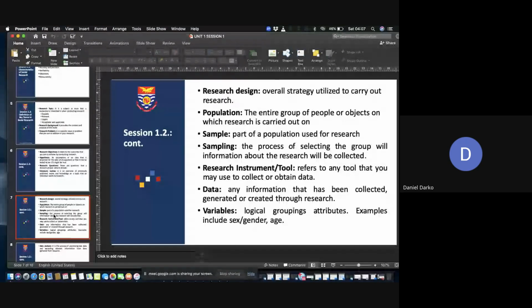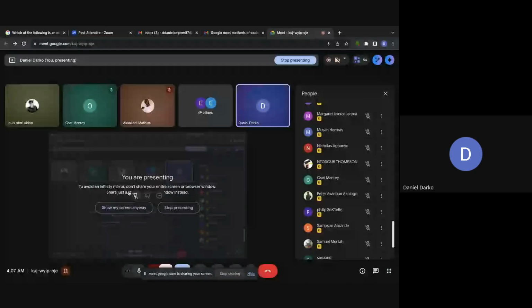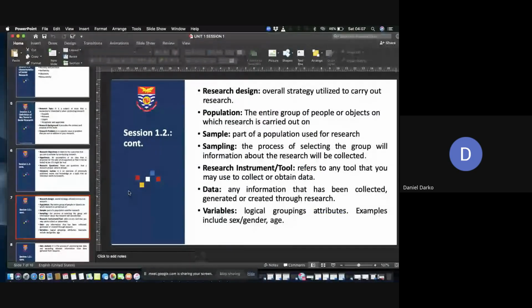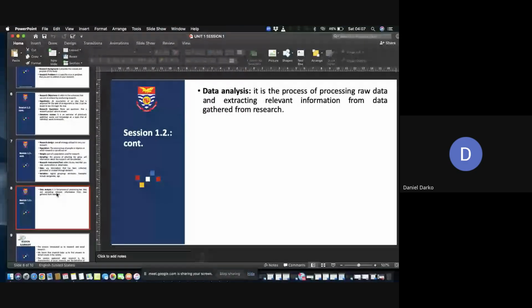So logical groupings of attributes. Variables include sex, age, marital status, level of education. I believe all of us have answered questionnaires before. The questions on the questionnaires are variables. They are used to ask questions from people: your age, your sex, marital status, are you working, government worker, private.